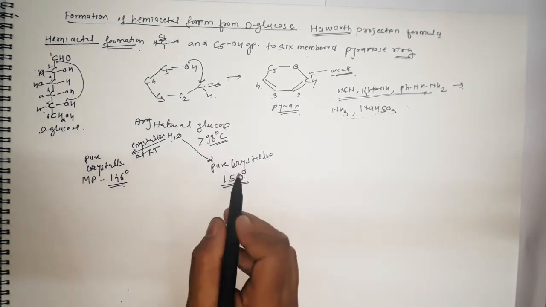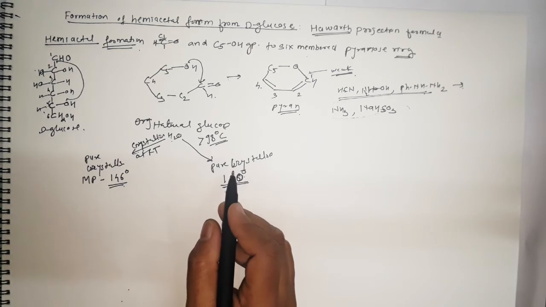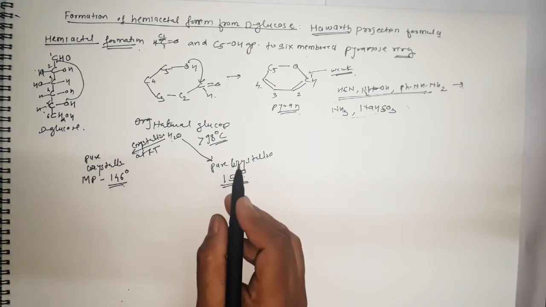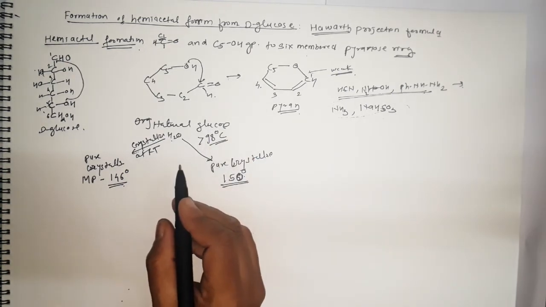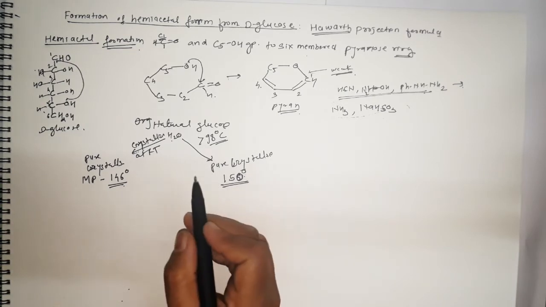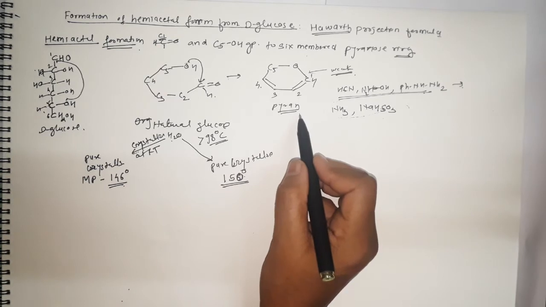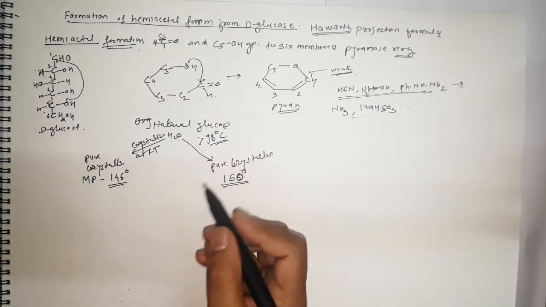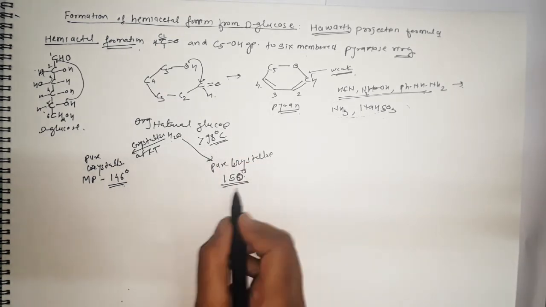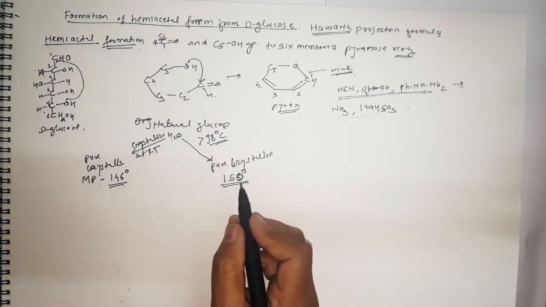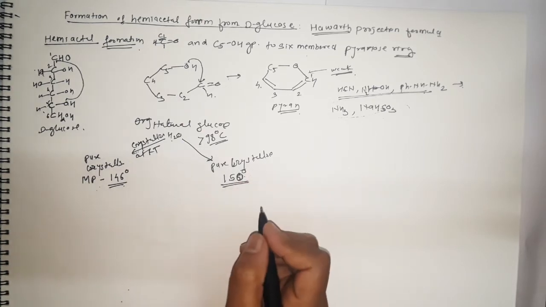So these two are different isomeric forms of glucose. This can be explained by hemiacetal formation giving these two different forms. So we see how these two different forms are obtained from the open chain.